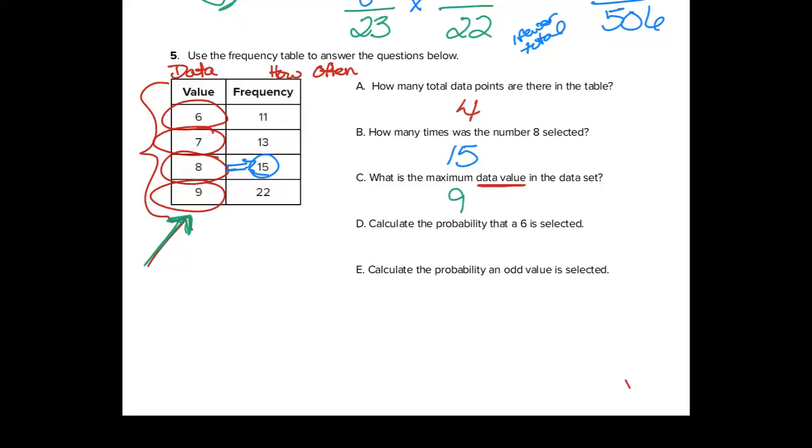Okay. So let's take a look at letter D. Letter D says calculate the probability that a 6 is selected. So from this experimental, that 6 is selected. Okay. All right.